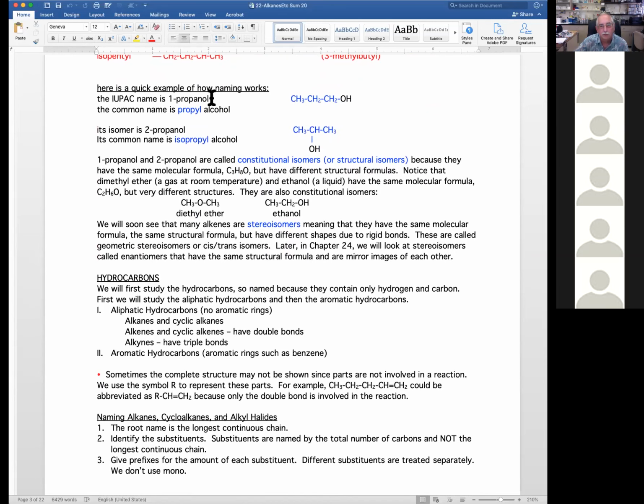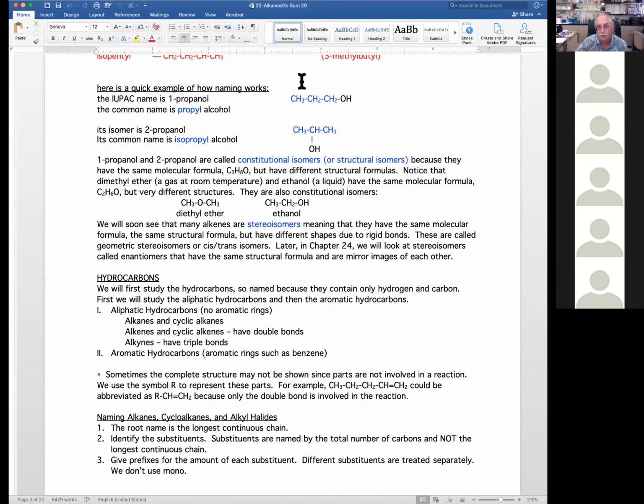So if you look at these 2 molecules right here, they're the same kind of molecule, the same molar mass, they would have the same chemical formula, but they have different structures. So we have to know the exact bonding structure to know how to name it and what the molecule is.